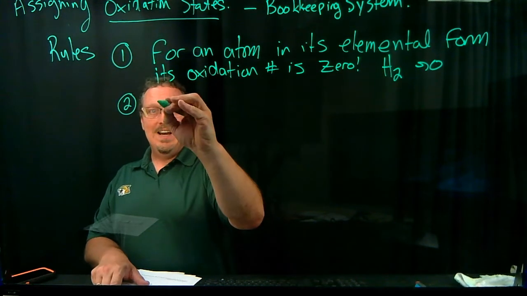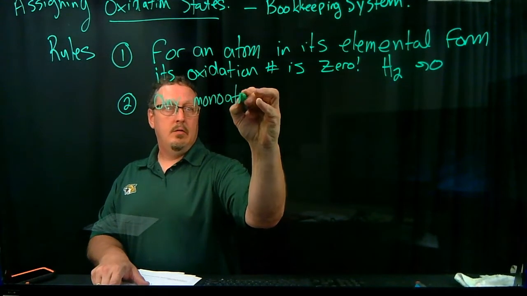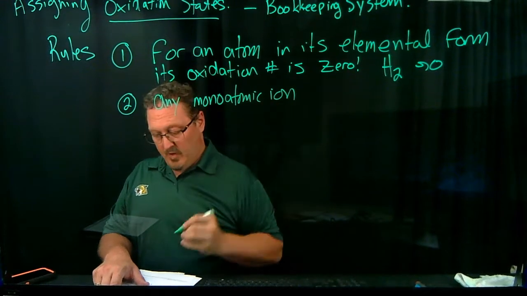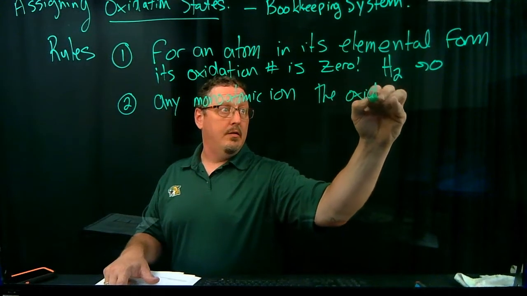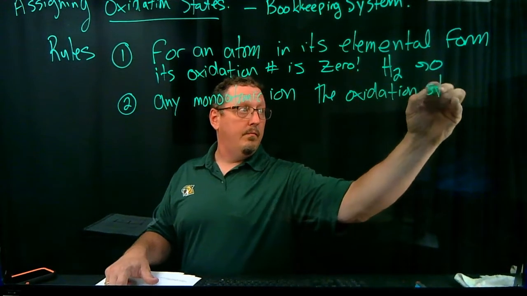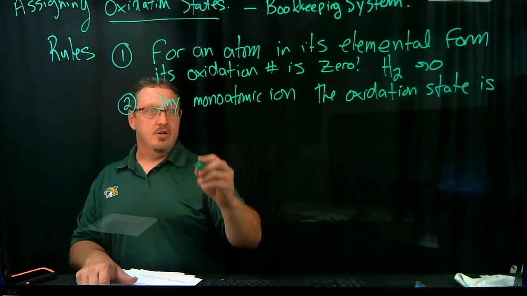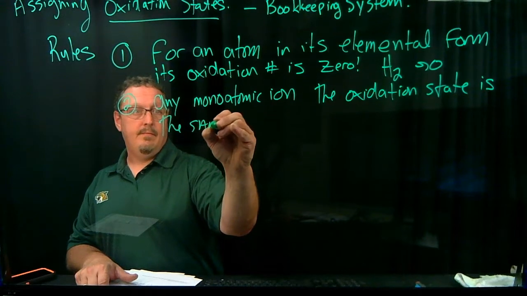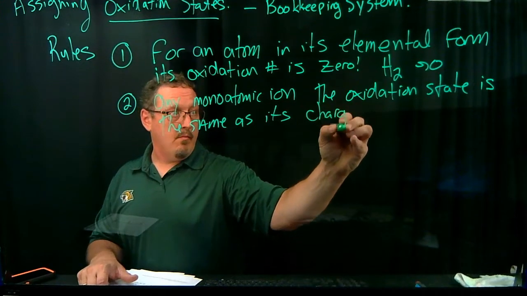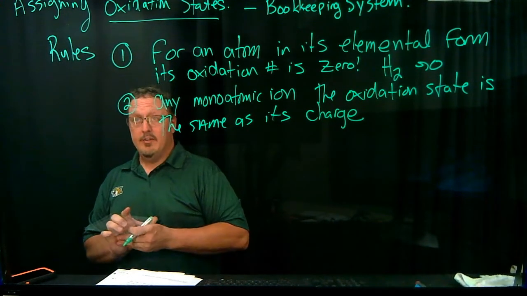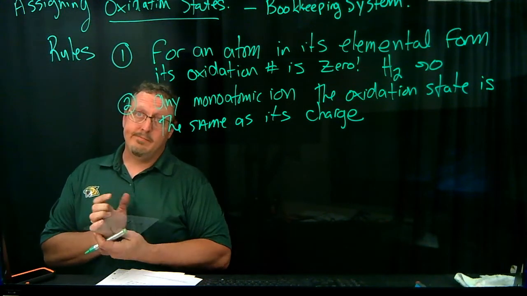Okay, number 2. Any monoatomic ion, the oxidation state is the same as its charge. Okay, so if I have a +1 charge on a hydrogen atom in a compound, its oxidation number is a +1 or a 1+.